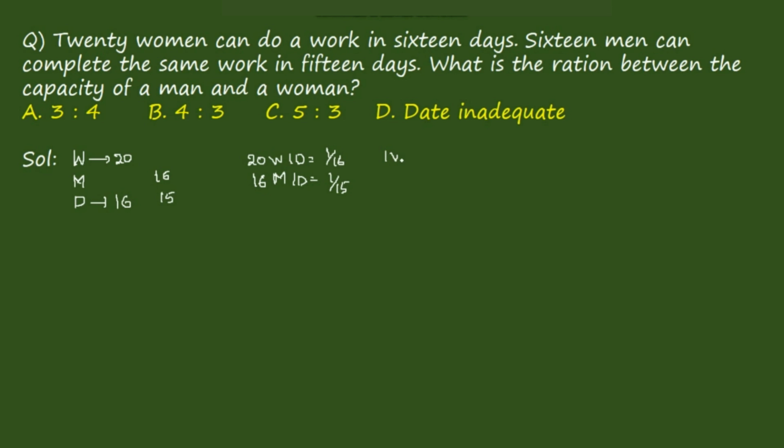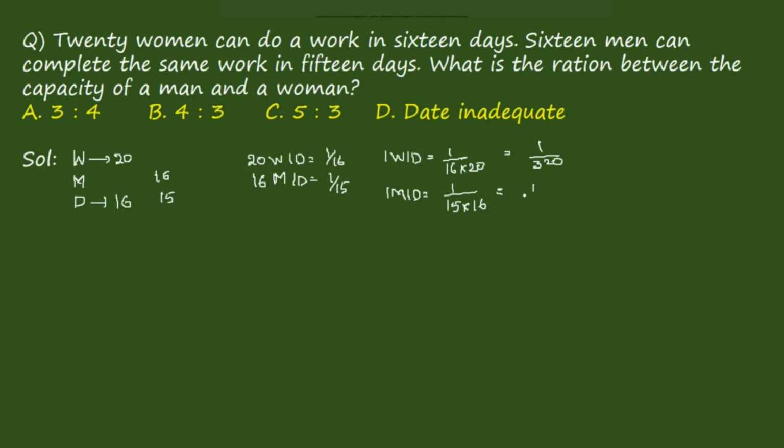Then 1 woman 1 day work is equal to 1 by 16 into 20, and 1 man 1 day work is equal to 1 by 15 into 16. It is equal to 1 by 320.